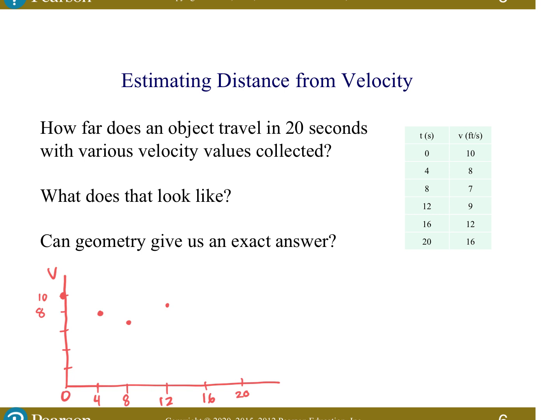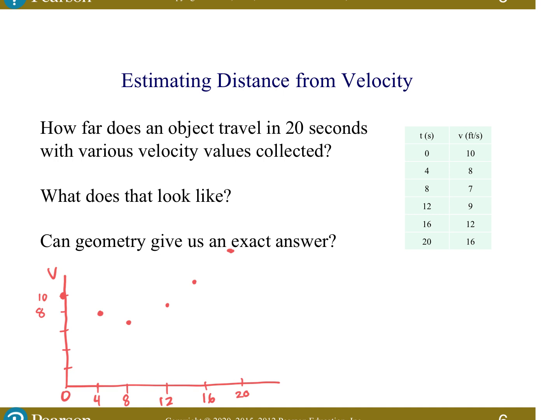So down by 2, down by 1, then up by 2, and then 16 goes up again to 12, and then 20 goes up even higher to 16. So not necessarily a predictable pattern because I went down for a little bit, but it wasn't consistent, and then going back up again consistently.